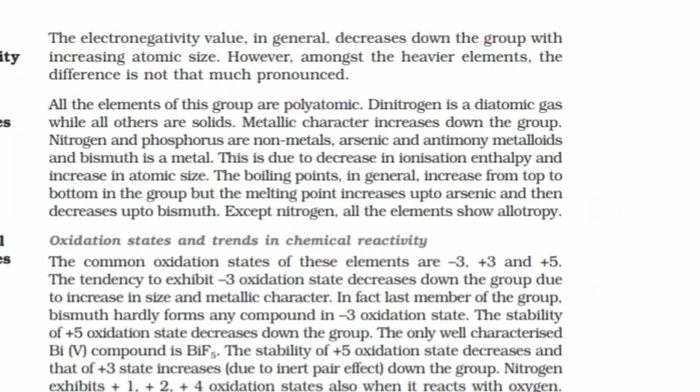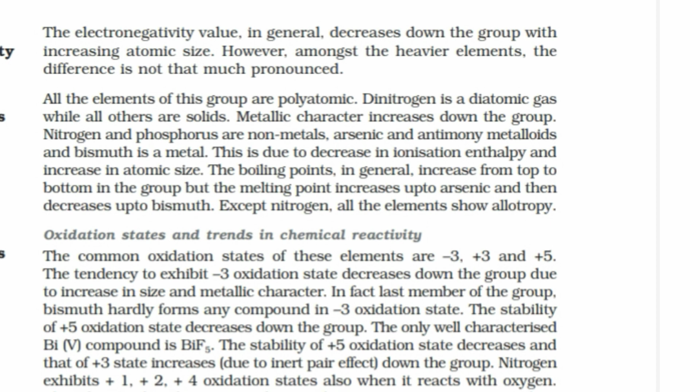Physical properties. All the elements of this group are polyatomic. Dinitrogen is a diatomic gas, while all others are solids. Metallic character increases down the group. Nitrogen and phosphorus are non-metals, arsenic and antimony are metalloids, and bismuth is a metal.